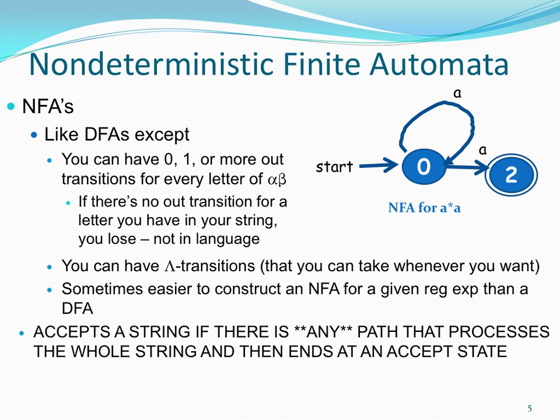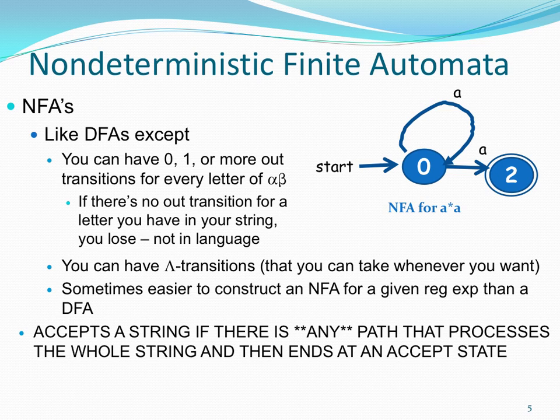But in this lecture, I told you we're going to learn about non-deterministic finite automata. And the magic of non-deterministic finite automata is, they're almost exactly like DFAs, except the hard rule that you have to have exactly one out transition for every single letter is gone.